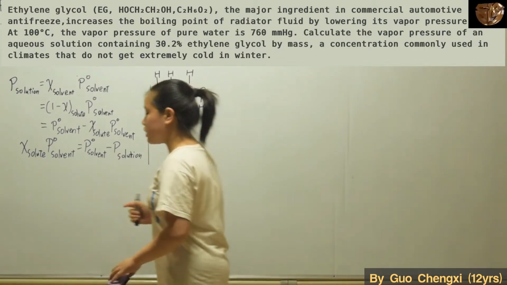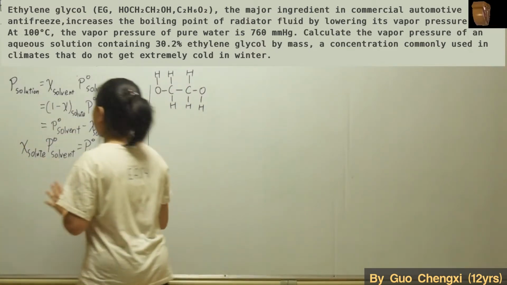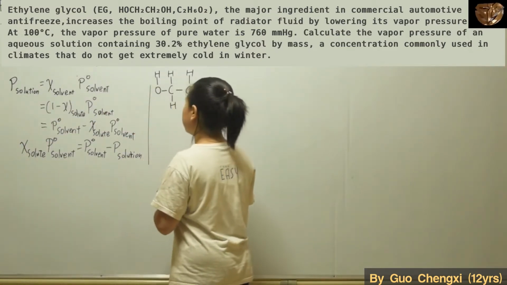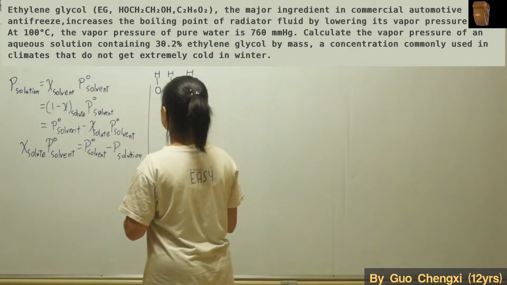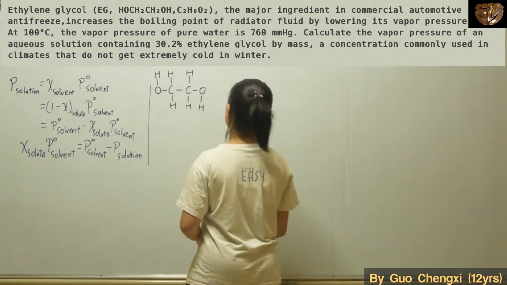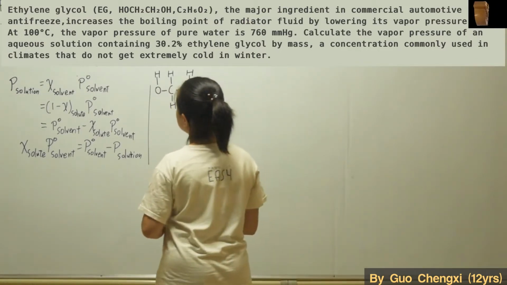Ethylene glycol is a syrupy, odorless and colorless mixture.